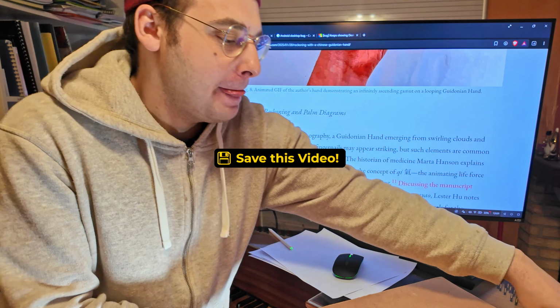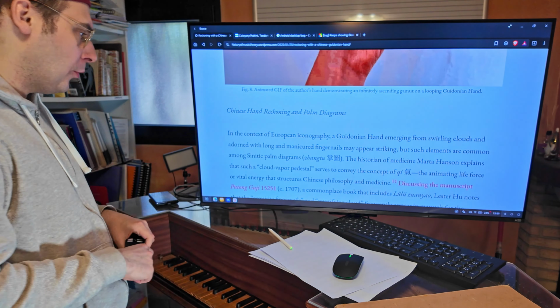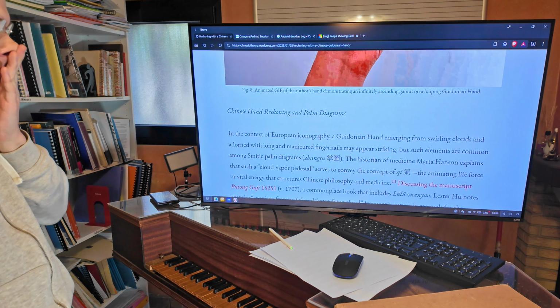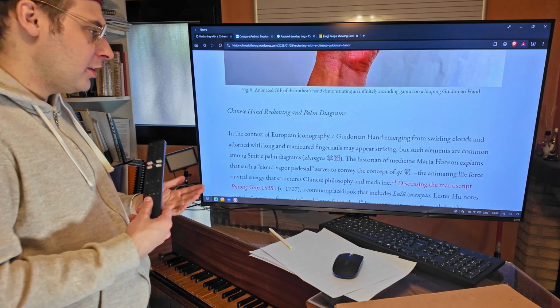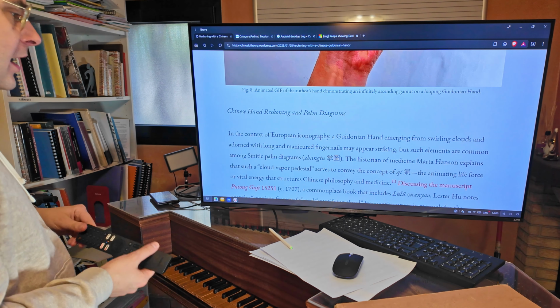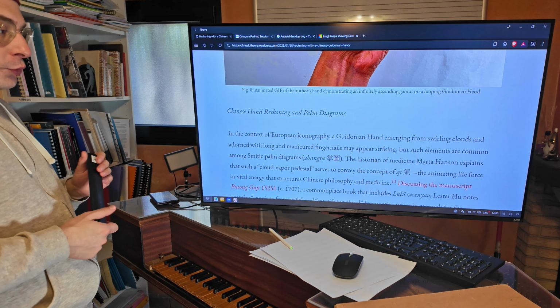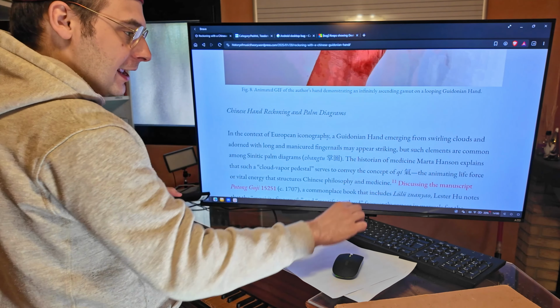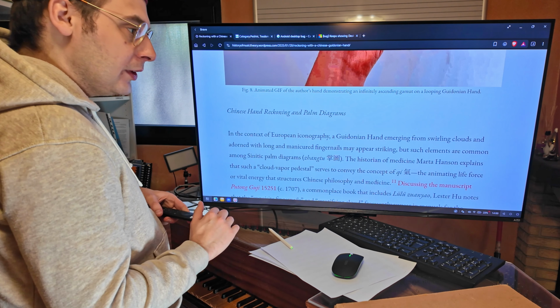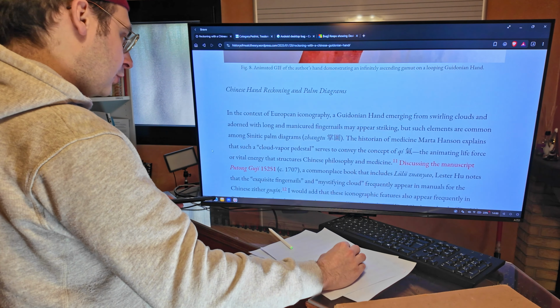Now, Chinese hand reckoning and palm diagrams. In the context of European iconography, a Guidonian hand emerging from swirling clouds and adorned with long and manicured fingernails may appear striking, but such elements are common among Sinitic palm diagrams.